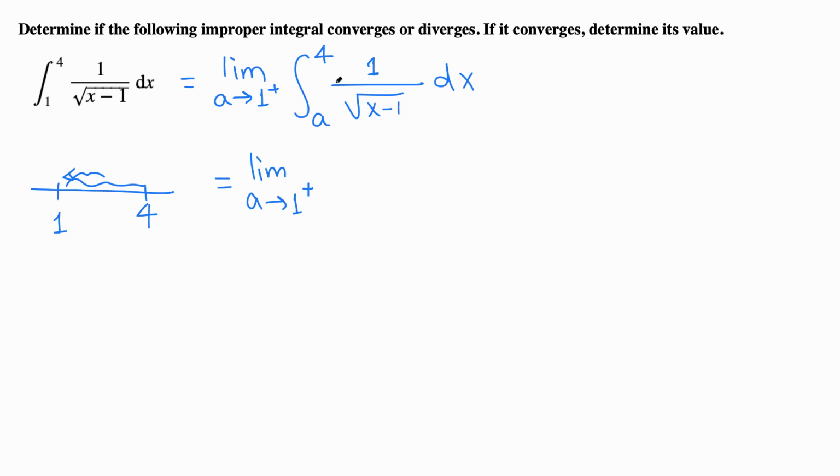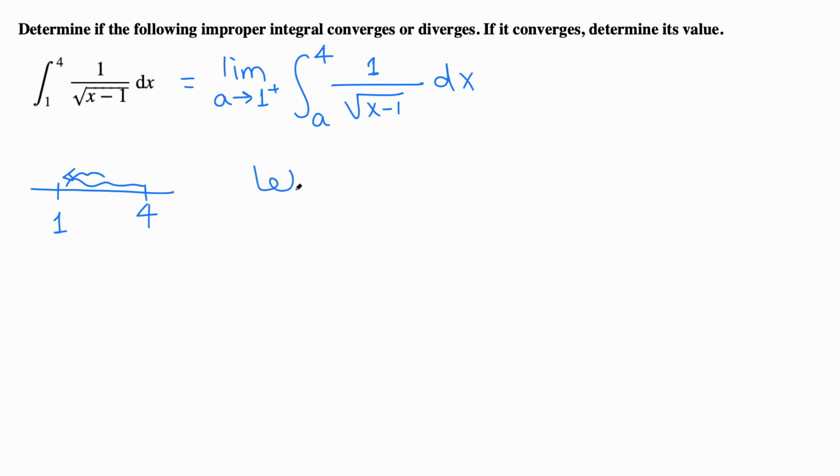So how do we integrate this? 1 over square root of x minus 1. So this is x minus 1 raised to 1/2. Let me just consider the integral without anything.